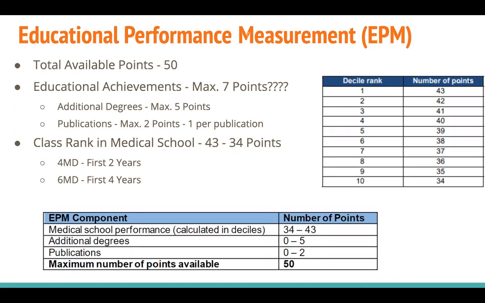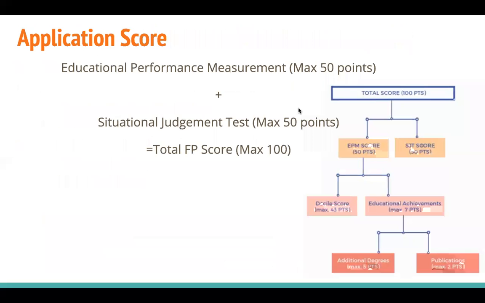For 4-year MD students, this is for the first 2 years, so I would really implore you to work hard in the first 2 years if you're 4MD. And for 6MD, it's the first 4 years. So just make sure you do really well in exams and you have a high number of points in your EPM score. Okay, next slide, please.